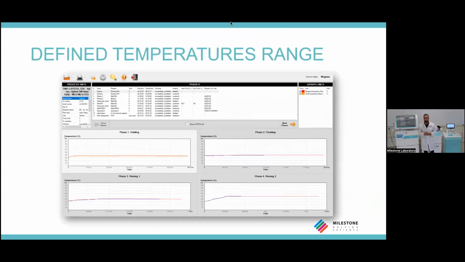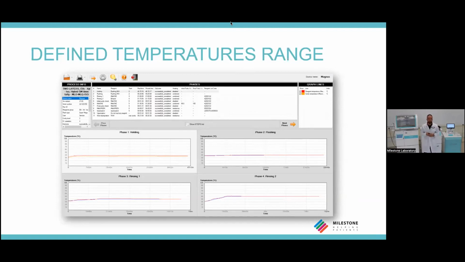This is a screenshot of our system for monitoring temperature during processing. As you know, it's quite difficult to know what is happening in the processor during a run. Now, Milestone has fine-tuned an accurate system for tracking temperature in real time, phase after phase.